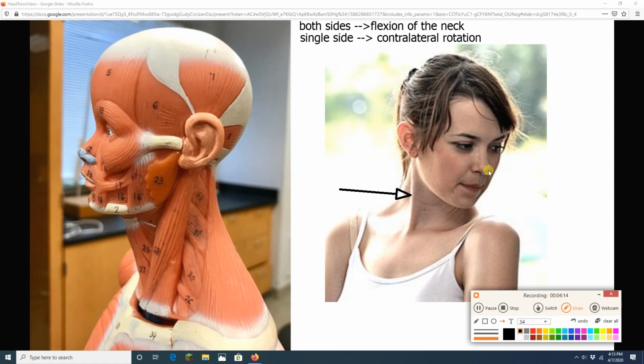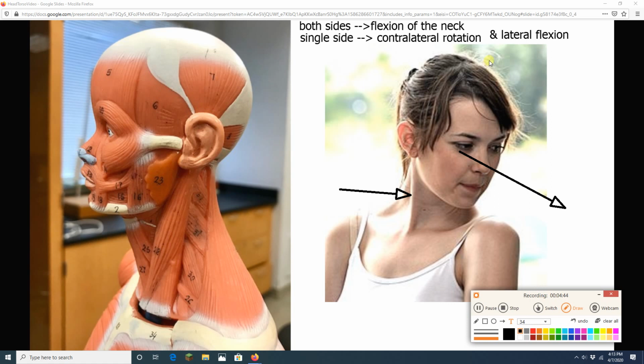And that is turning her head, letting her look to her left. A single sternocleidomastoid can cause contralateral rotation. It can also cause some lateral flexion. Think about trying to bend your neck to the side, trying to touch your ear to your shoulder.